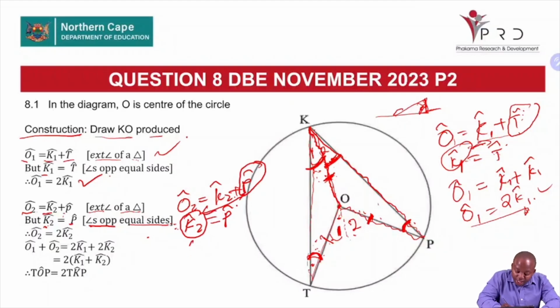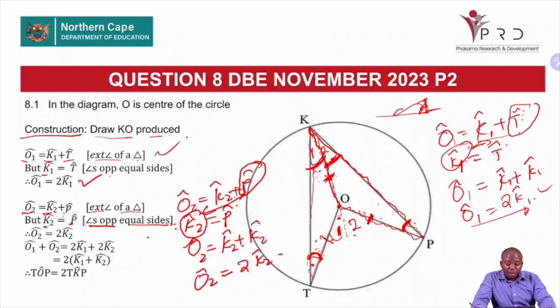So in that case, we'll have O2 equal to K2 plus, instead of P, I now have another K2. Right. So what you see now is that O2 is now equal to 2 times K2. So that's what we have at the end of the day. So this is where that comes from. I was just showing it to you there so that you know where that comes from.